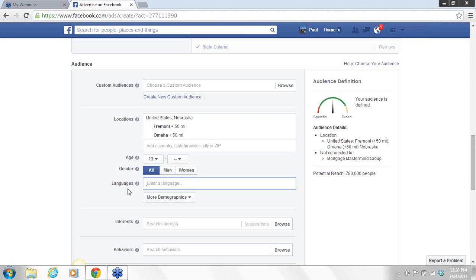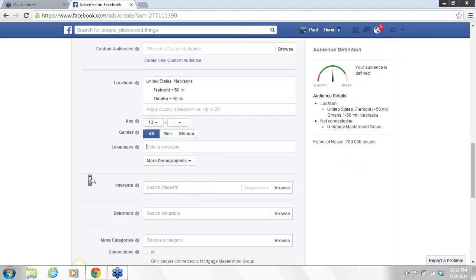Most people have their profile settings set up so that if they speak Spanish, their Facebook is displayed in Spanish. So if my ad is in English, they're either going to display it in English with a button right below it that says translate, or they will display it in the language that person has set up in their profile. I don't mess with the language, the age, or the gender very much at all.